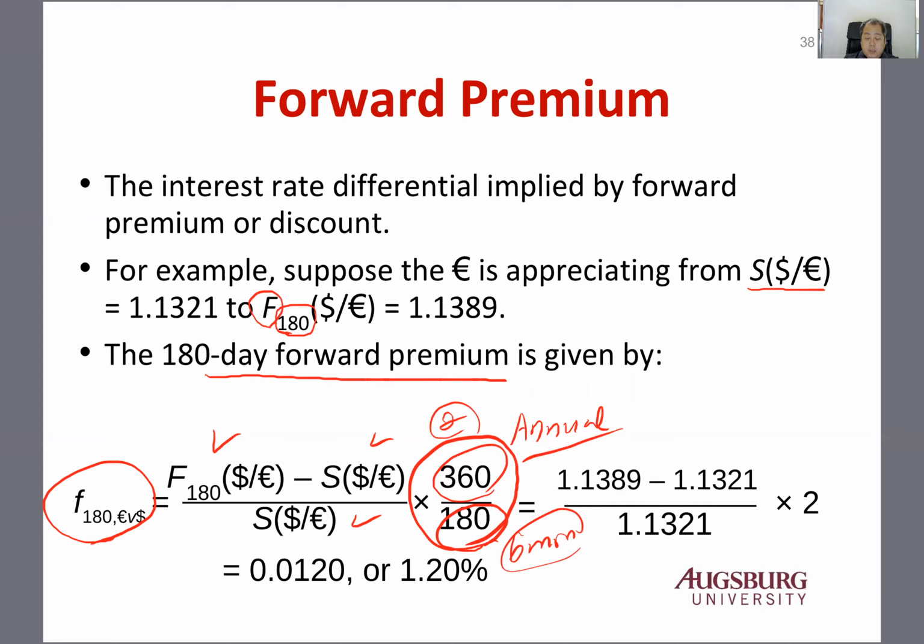The forward rate was 1.1389 minus 1.1321, divided by 1.1321, times 2. Then you have a 1.2% premium. Now, if the currency is depreciating, then you have a discount. So that's the forward premium or discount.